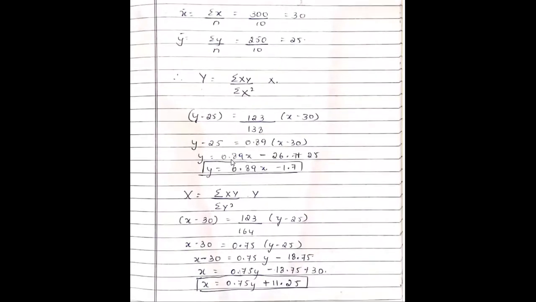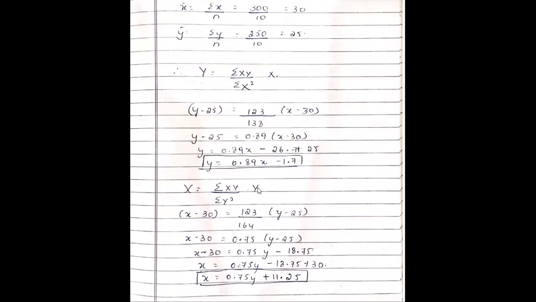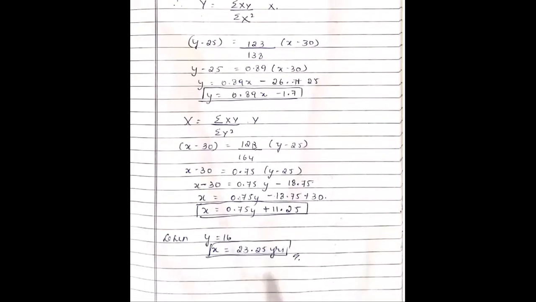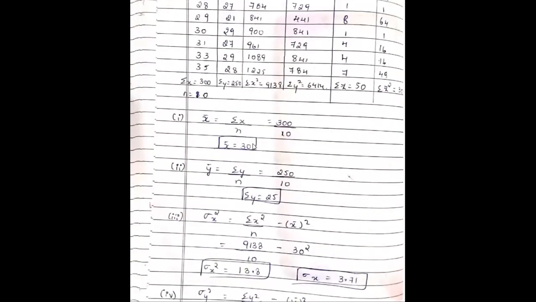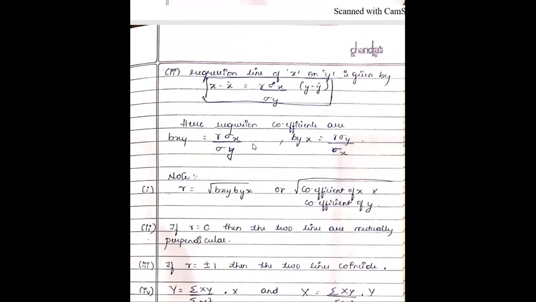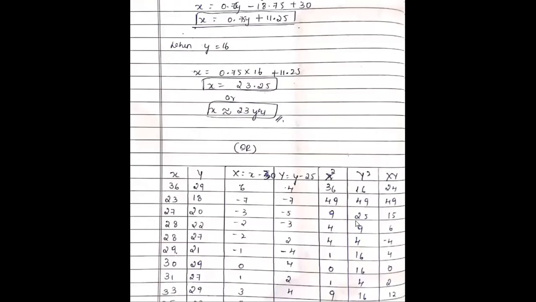And if at all he's asking you to find R as well, and you've used the second method, you can find it out by using the formula R is equal to, I had mentioned in the last video, if you remember, this one. R is equal to square root of coefficient of x into coefficient of y. So just take the coefficient of x and coefficient of y from the lines.